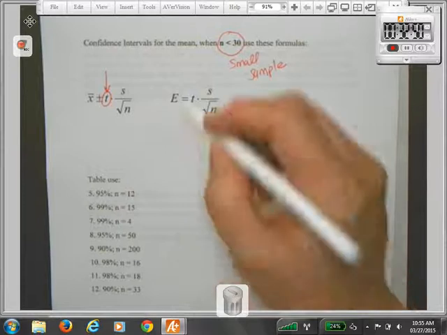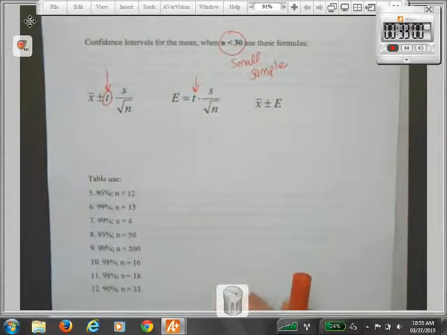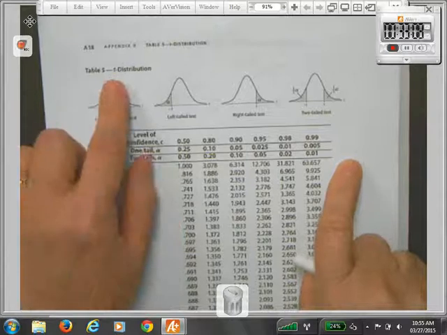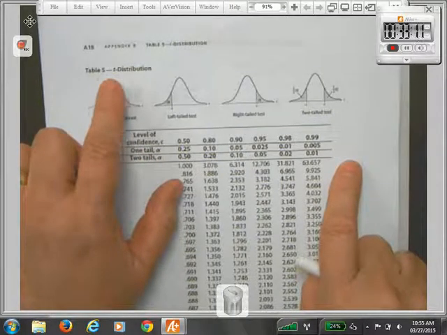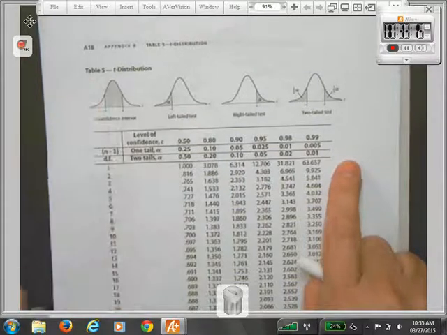So the T is what we need this table for. So T changes things. Let's take a look at the table real quick. We have the same level of confidence at the top here. This whole table is called a T distribution table, and this is where it's going to come into play for this T distribution.